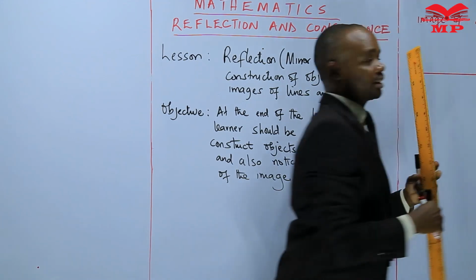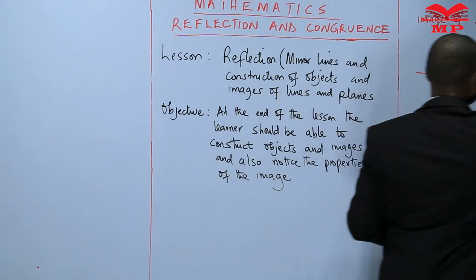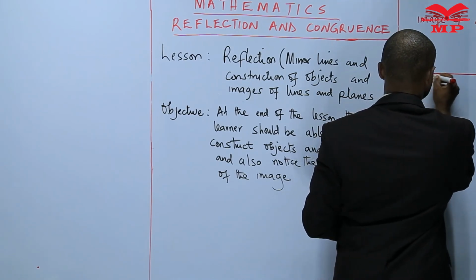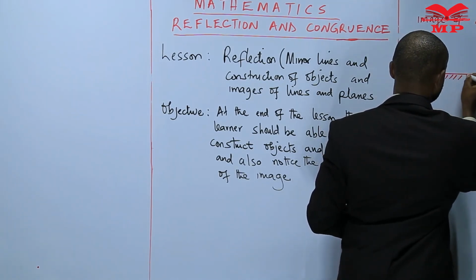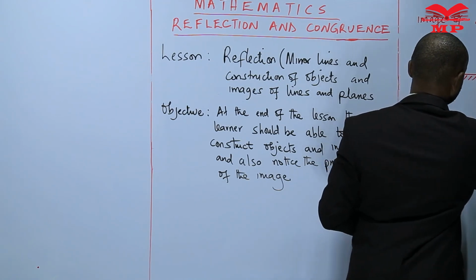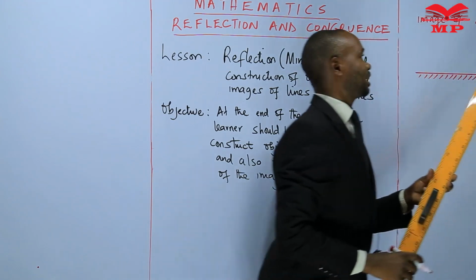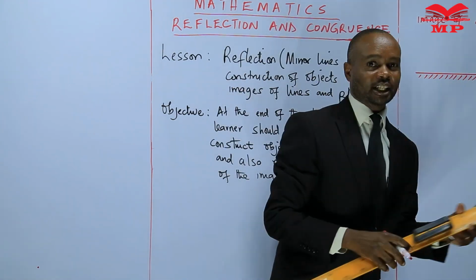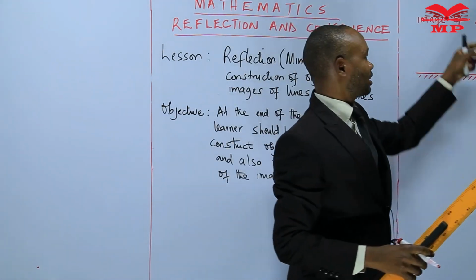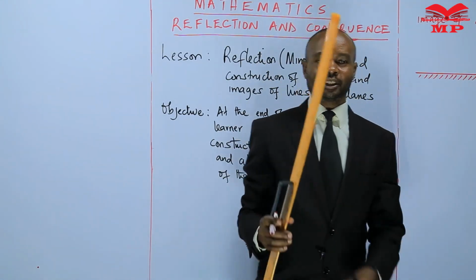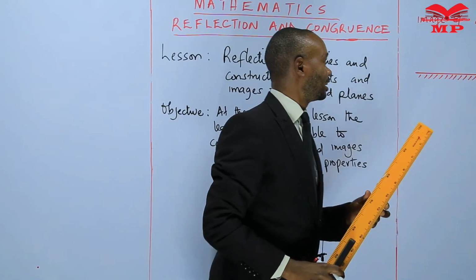You can abbreviate it using M. And in most cases, many will use that side to show the polished side. The other side is the one that reflects. You can always use M to show the mirror line.